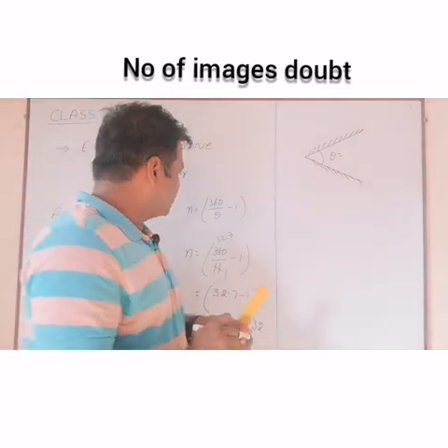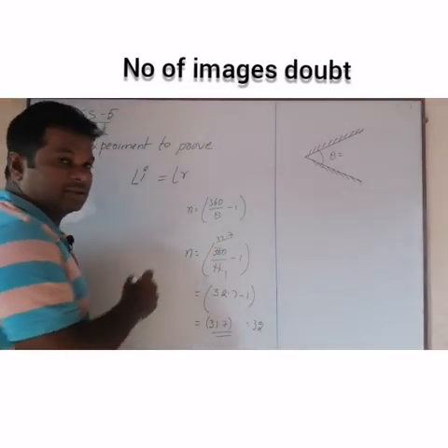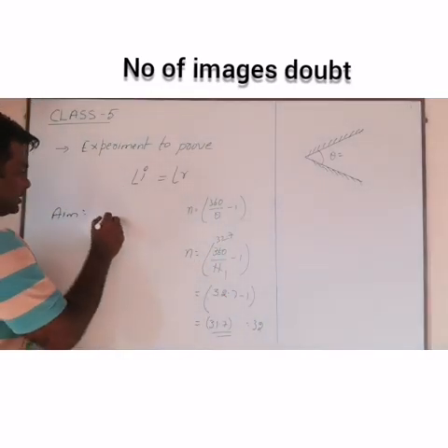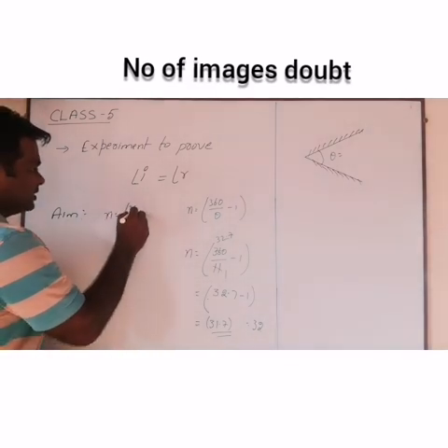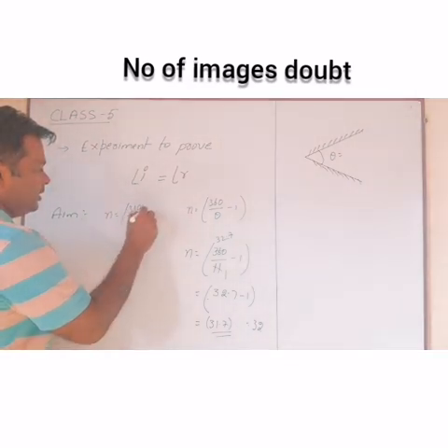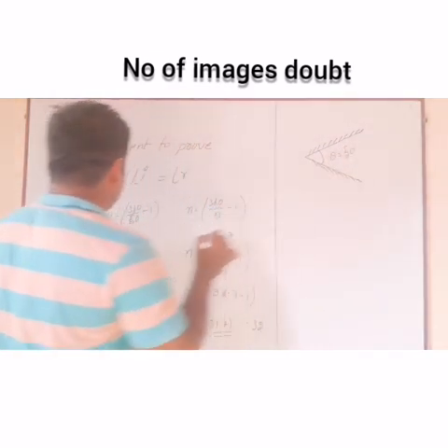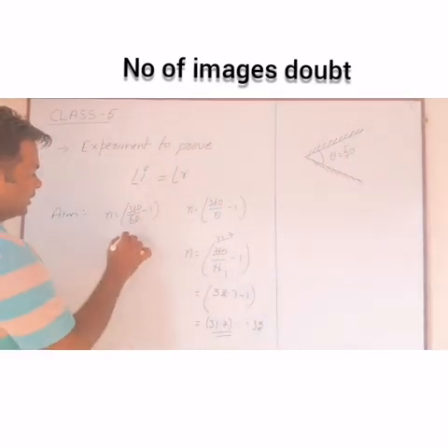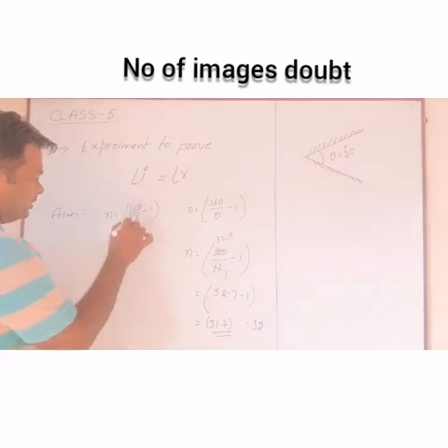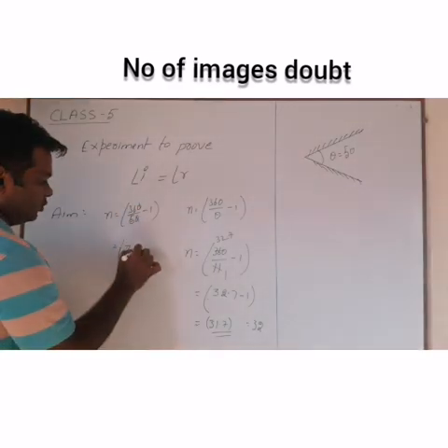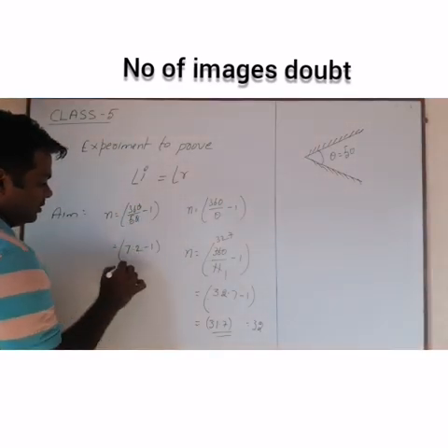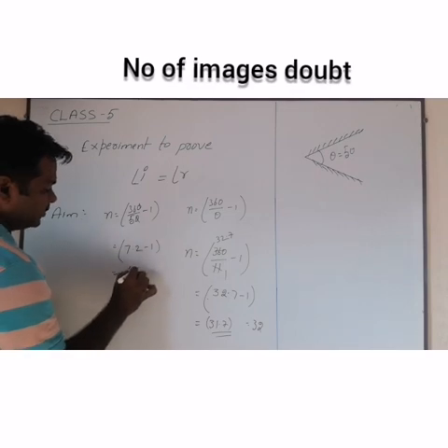Yesterday I gave one angle, that is 50 degrees, so n is equal to 360 by 50 minus 1, where the angle between the mirrors is 50 degrees. So how much are you getting here? 0 and 0 will be cancelled. 5 sevens are 35, and 1 you will get, 5 twos, that is 7.2 minus 1, 6.2.